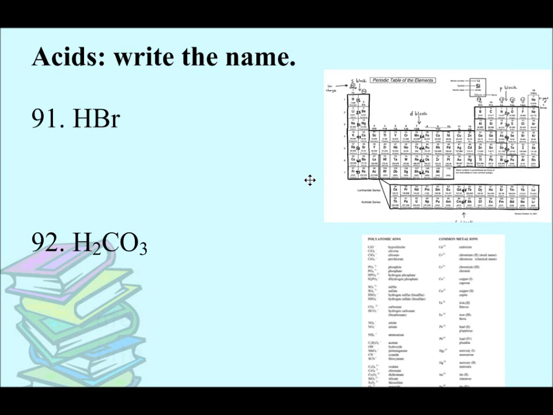Acids, write the name. Acids are usually the least favorite of all of my students because they are the most difficult to name. The common question is, when do you use hydro and when do you not use hydro? Well, we know acids always start with hydrogen, so whether or not you use hydro depends on the second element or polyatomic ion.